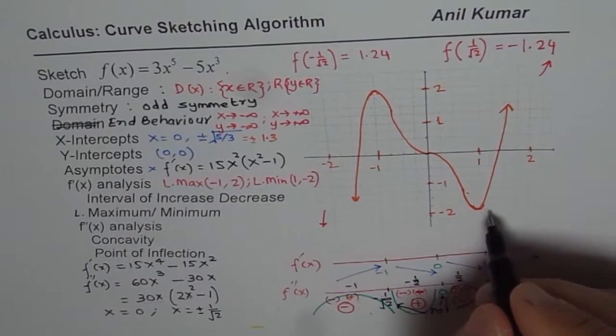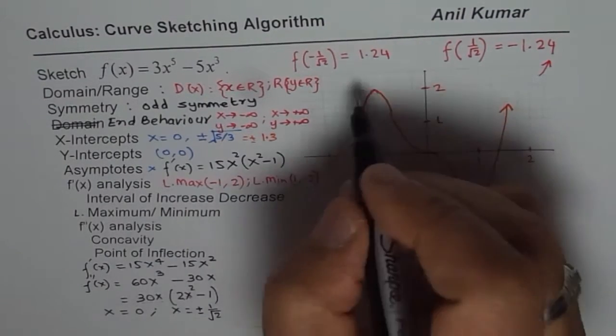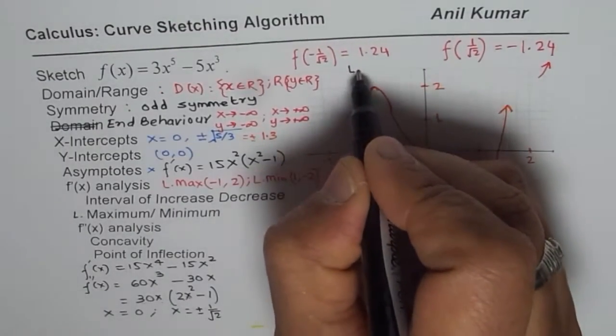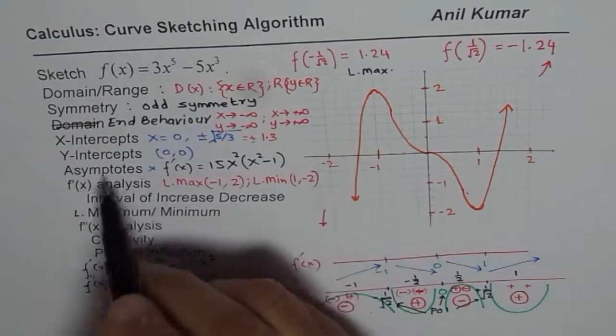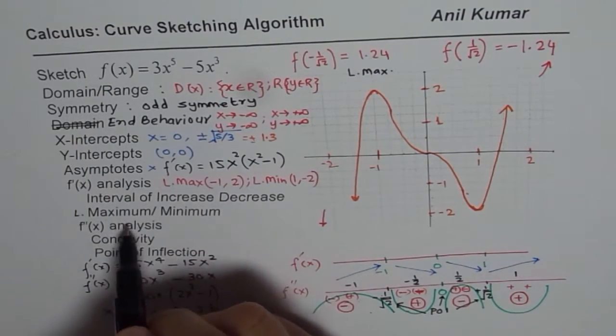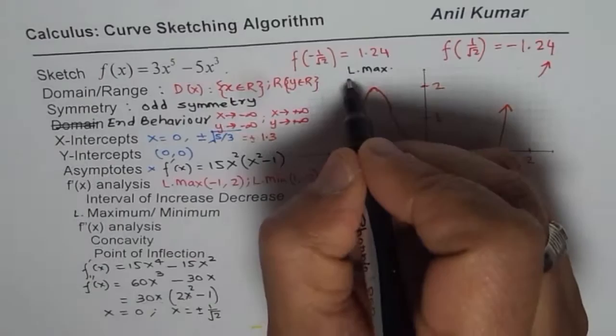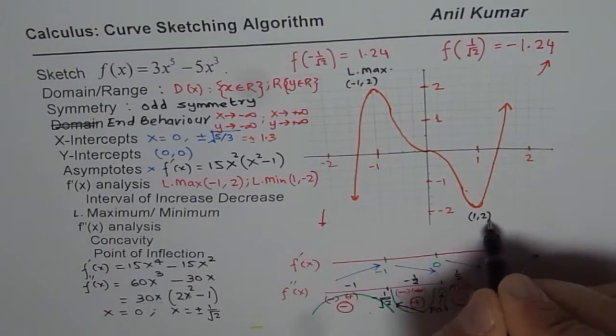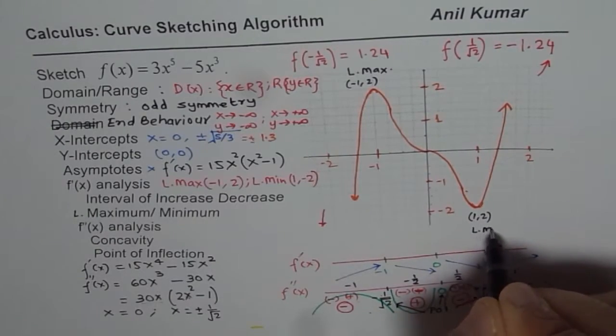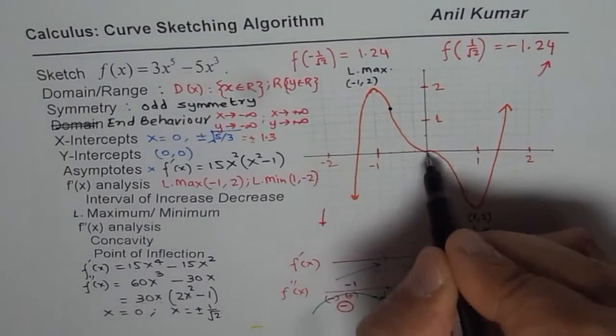And now we can actually label it. So we can say that this point is a local maximum, and the local maximum for us is at minus 1, 2. At 1, minus 2, we have the local minimum. We have 3 points of inflection, correct?